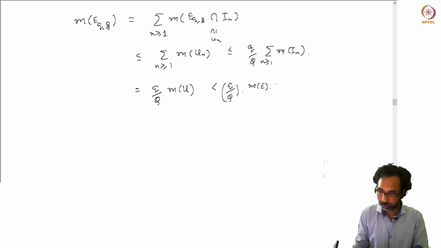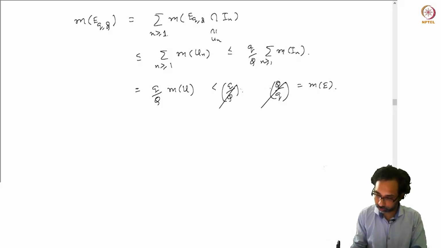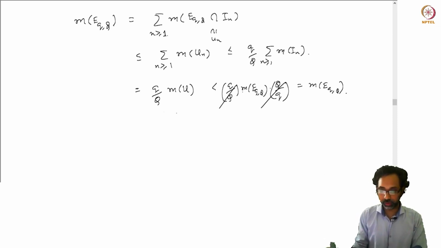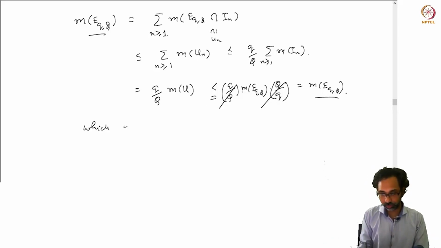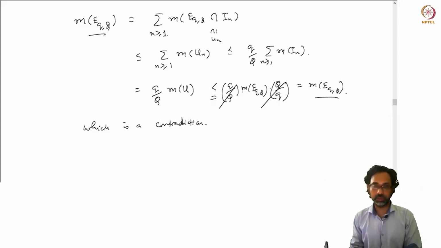m of E times capital Q over small q. So this cancels out, and so you just get m of E_{q,Q}, here also m of E_{q,Q}, and so we have a strict inequality between m of E_{q,Q} and m of E_{q,Q}, which is a contradiction, which proves the result.